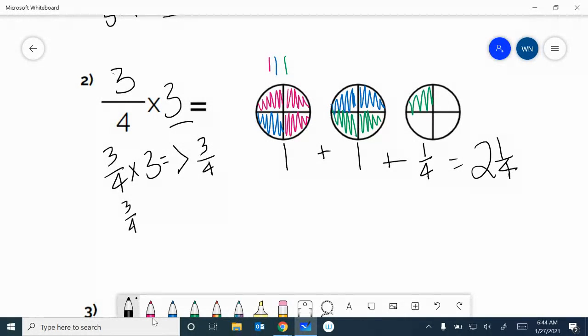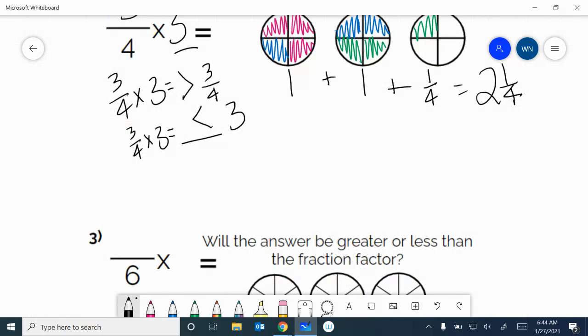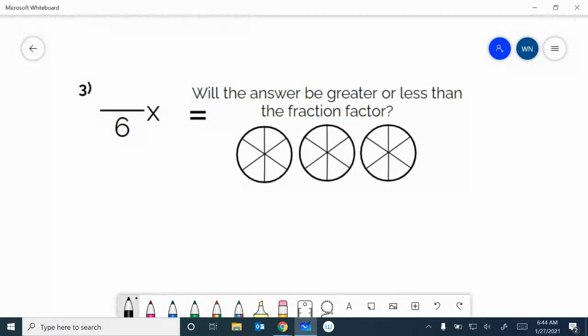And we can also say 3/4 times 3 is going to be less than 3. Let's keep going. For this third one, I'm going to have you solve it. Put your answer in and then come back and we'll go over it together. It's going to be 2/6 times 5. So go ahead, solve it, put your answer in, and come on back.